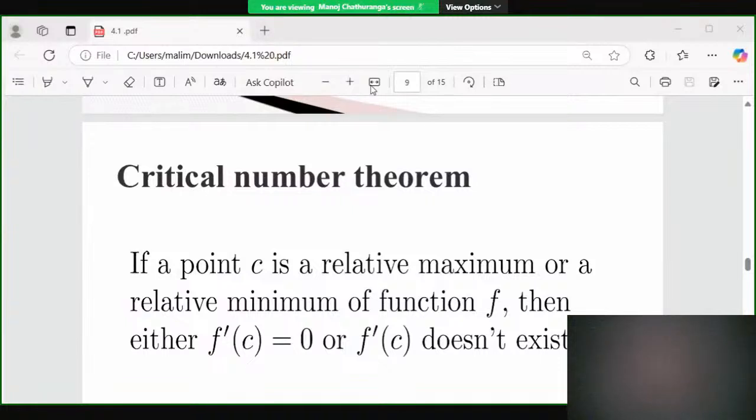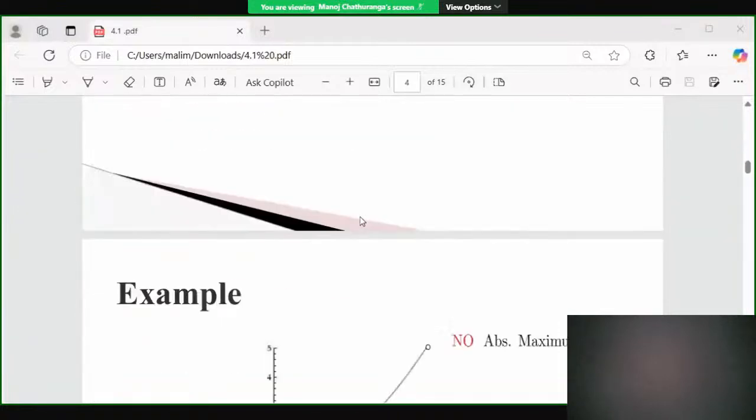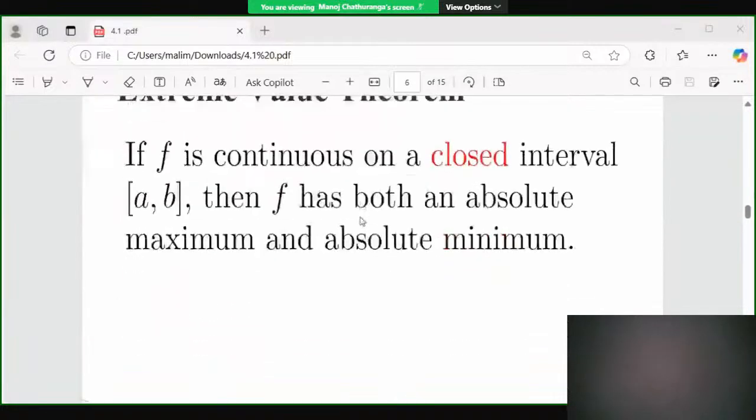Critical number theorem is, so critical points are about derivatives. We first had this discussion about absolute maximums and absolute minimums. Then the extreme value theorem said if the domain is a bounded closed interval, then absolute maximums and absolute minimums exist. It simply said those exist.